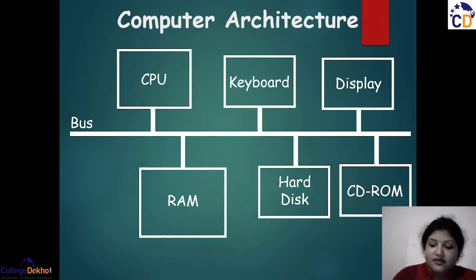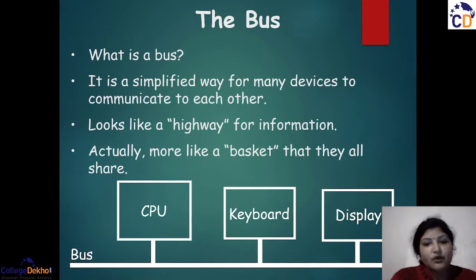Now let us start to understand what a bus is. It is a simplified way for many devices to communicate with each other, to connect with each other. It basically looks like a highway for information, right? Actually, more like a basket that they all share.